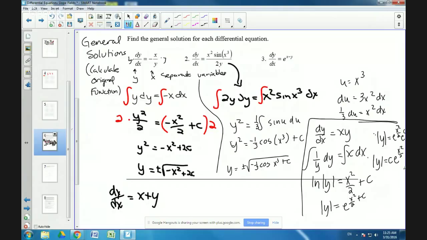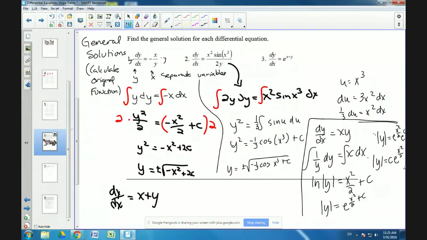So that's solving separable differential equations or general solutions. These will be probably in the calculator. Basically what you're solving for there is any one of these curves. The constant tells us where to place it.